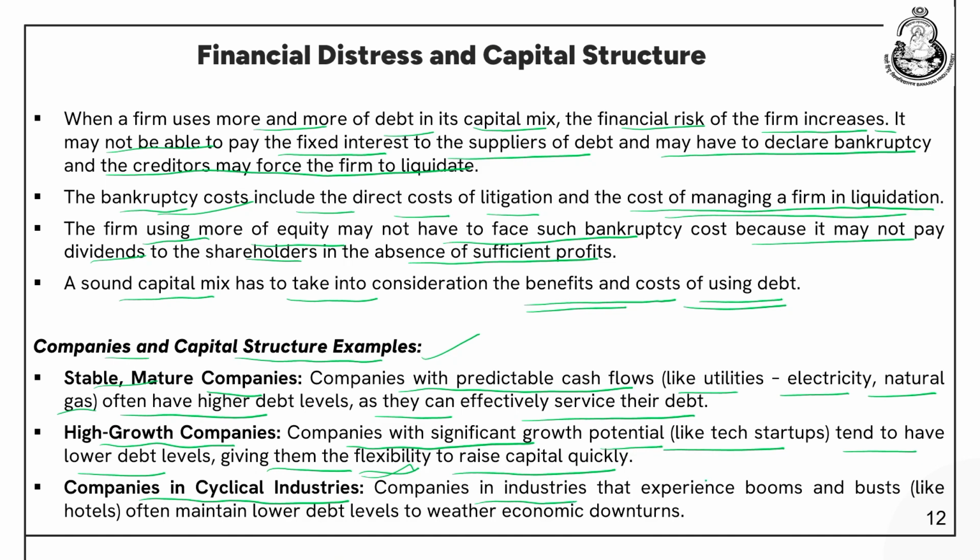Companies and industries that experience booms and busts like hotels often maintain lower debt levels to weather economic downturns. If they take a lot of debt, then in lean seasons, when they are not making enough returns, enough earnings, it will be hard for them to make regular interest payments. So that is why they keep moderate levels of debt.